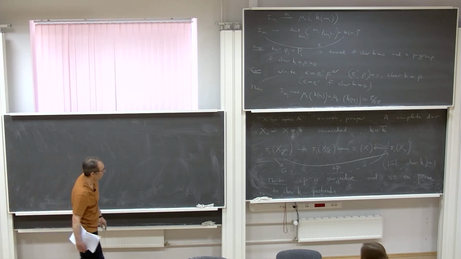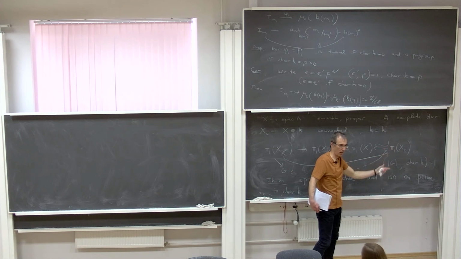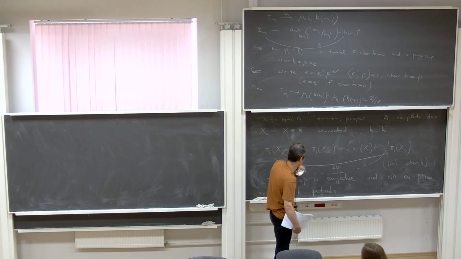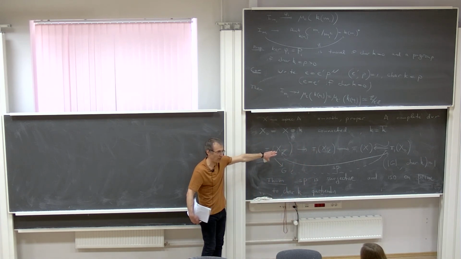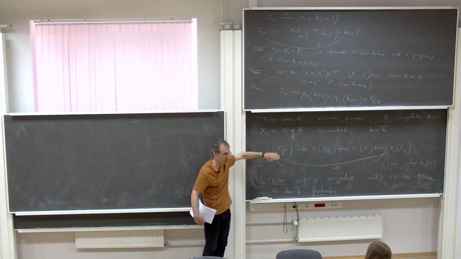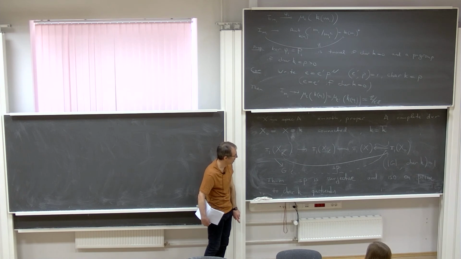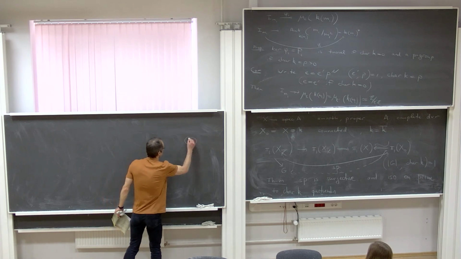The proper base change theorem is an analog of this statement, and the smooth base change theorem is an analog of this statement that we are proving now. This formally implies the smooth and proper base change theorems for H1, the first cohomology group, because H1 is just homomorphisms from pi1 to the ring of coefficients. And the relation in general is like this.